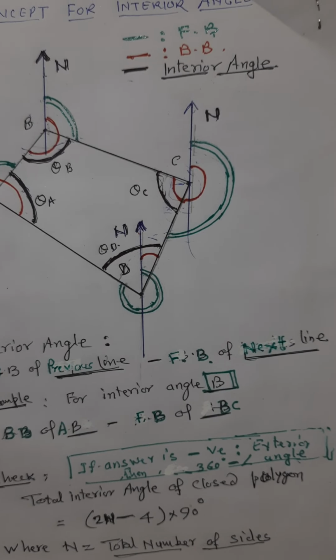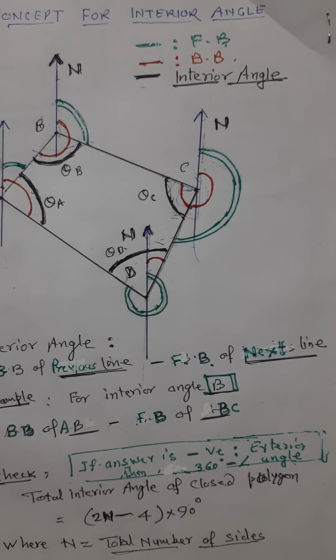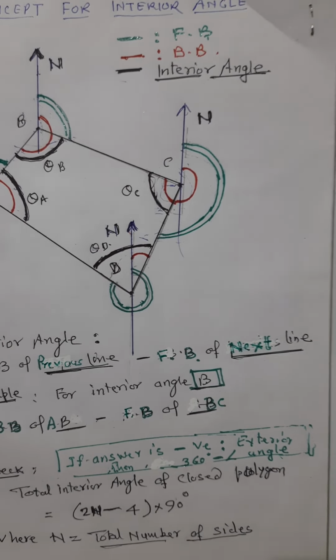But while doing so, if we get a negative answer, then it is to be considered an exterior angle, and the interior angle can be calculated by subtracting the same value from 360 degrees.